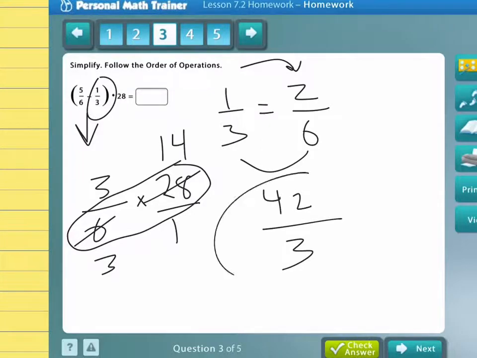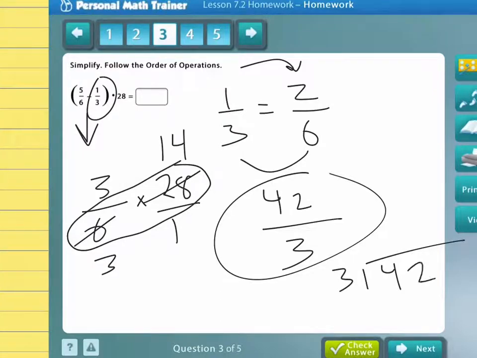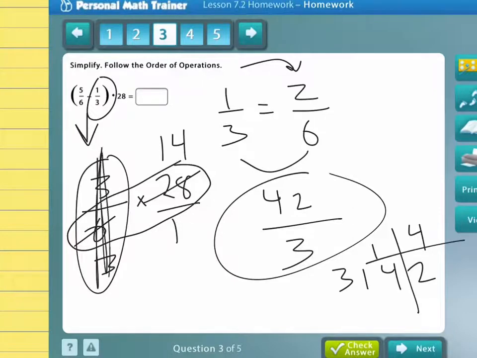42 over 3 turns into a division problem. How many times will 3 go into 42? Well, it goes in 14 times because we know that 3 times 14 is 42. Actually, if you look at this, I could have simplified up and down here and crossed those out before I even multiplied to get to 14.